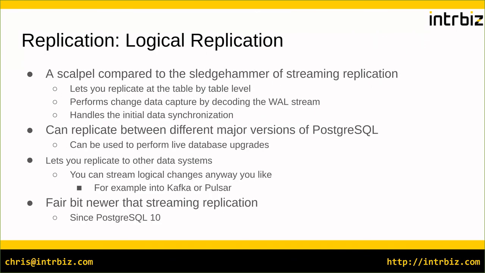And then we now have, since Postgres 10, a third type of replication, which is called logical replication. And I would call it a scalpel versus the sledgehammer of streaming replication. So it's much more targeted. It allows you to replicate on a table by table basis. It even lets you replicate into different systems using different formats. You can pull the data out of Postgres in any way you want to a large extent.